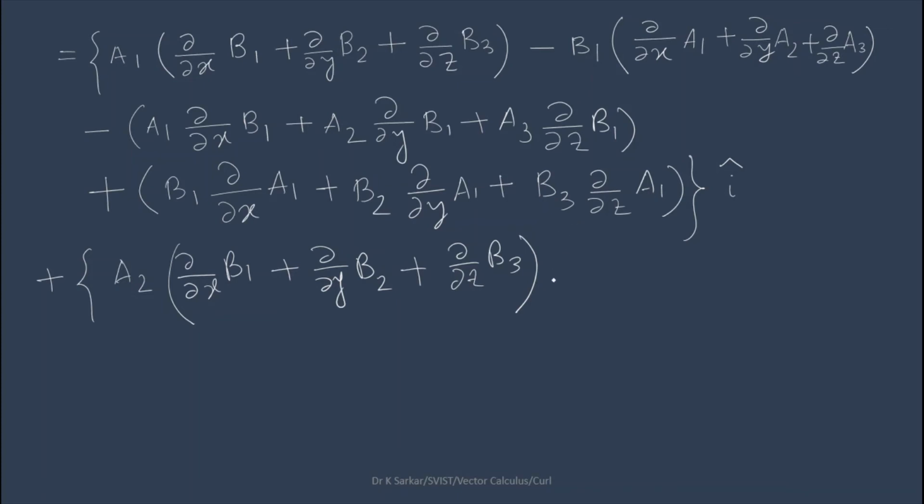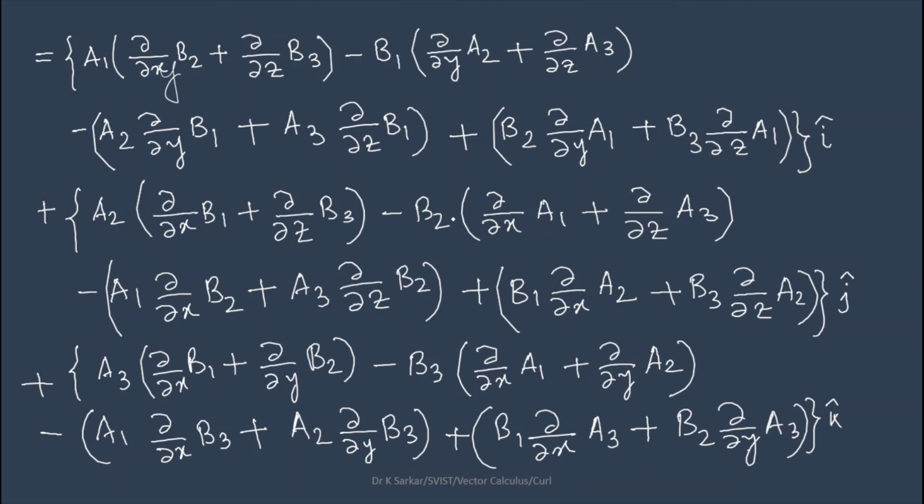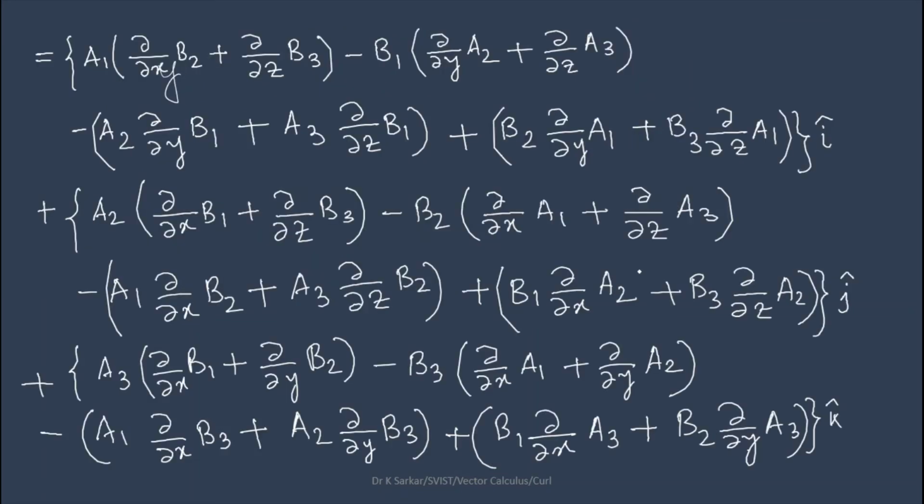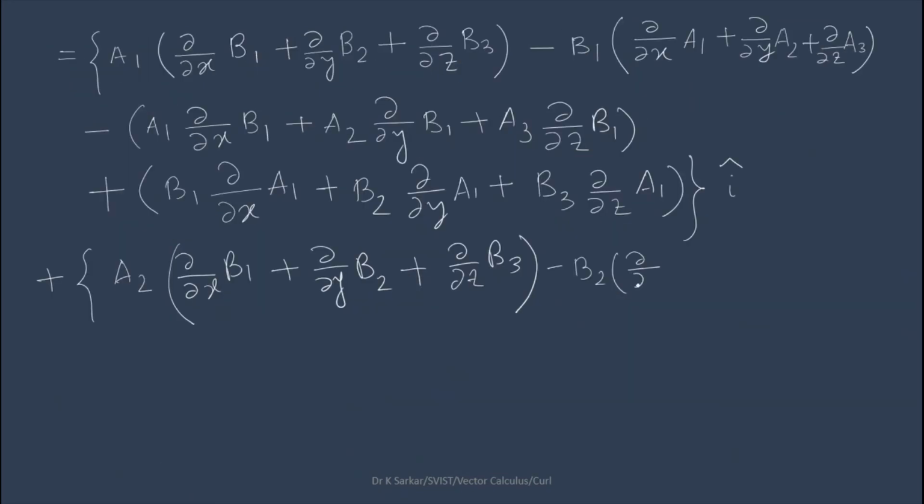Now here, minus b2 del x a1, so there will be del y a2 plus del z a3. Minus b2 del x a1 plus del y a2 plus del z a3.